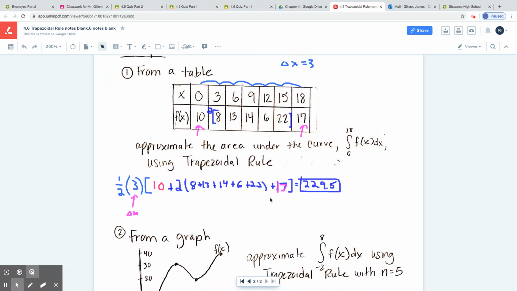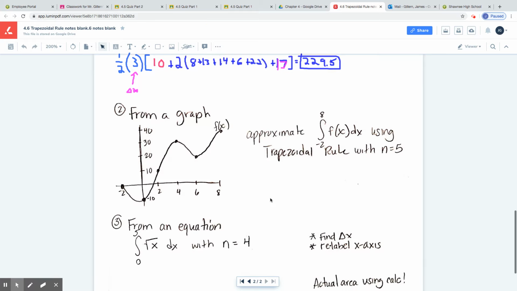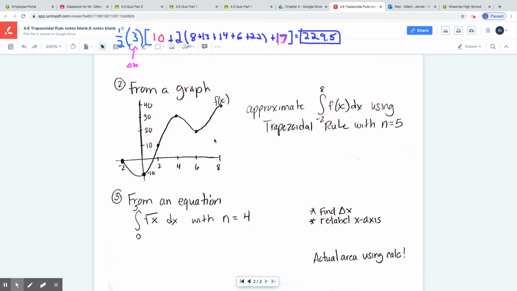All right. Now, another one we did was from a graph. It's going to be the same setup, except now we look at the y values to get our numbers that go inside the parentheses. Now, we're not given delta x here. It says n is equal to 5. So to get delta x, it's b minus a over n.